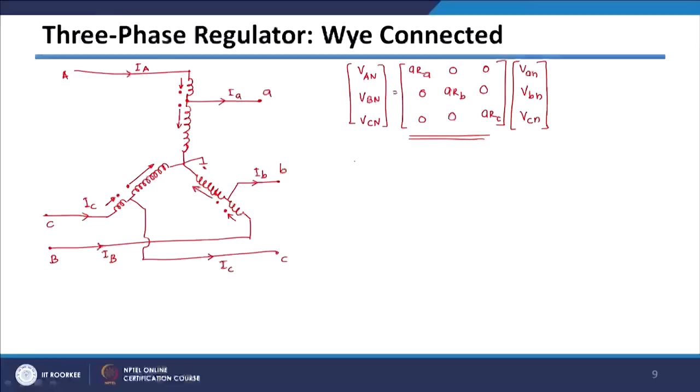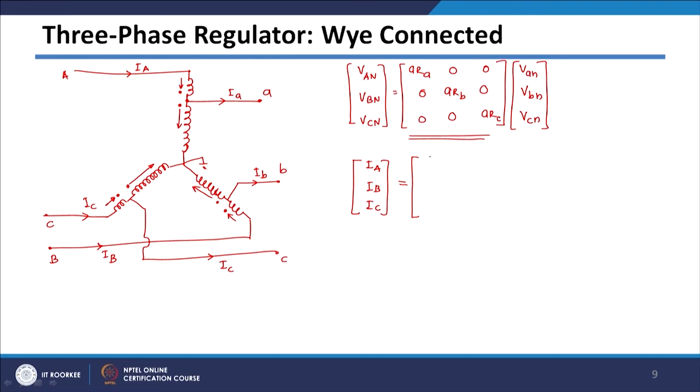Similarly, I can write the current relationships. So, the current relationship in this case, your currents IA, IB and IC capital will be equal to, in this case again similar to 3 single phase regulators connected in star fashion and star is grounded, independently they operate.